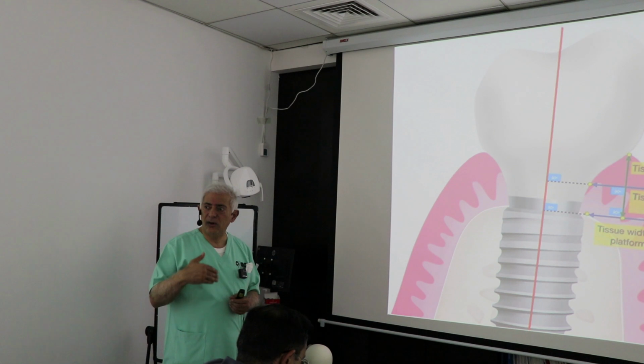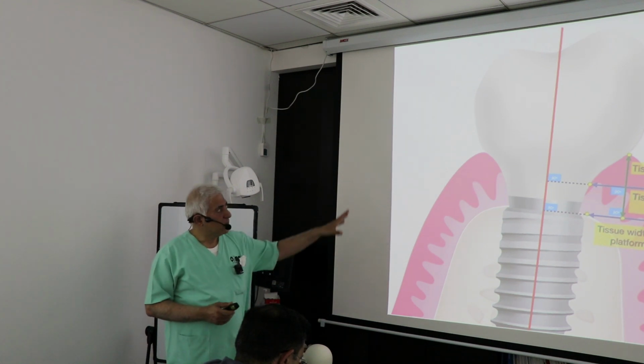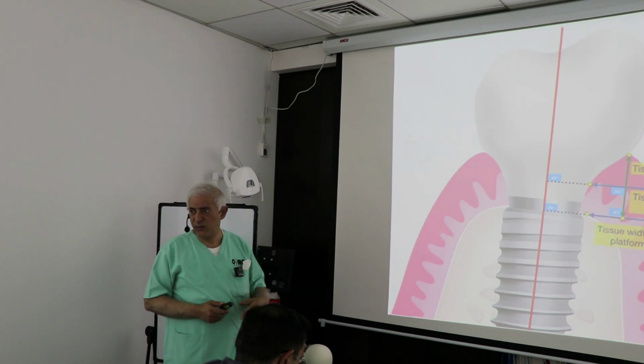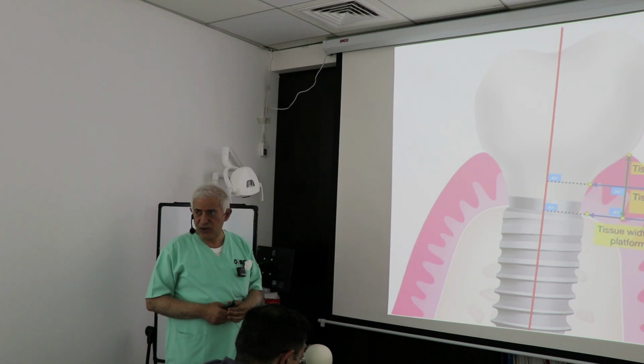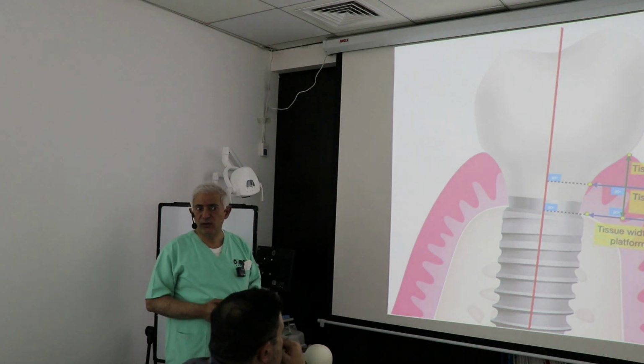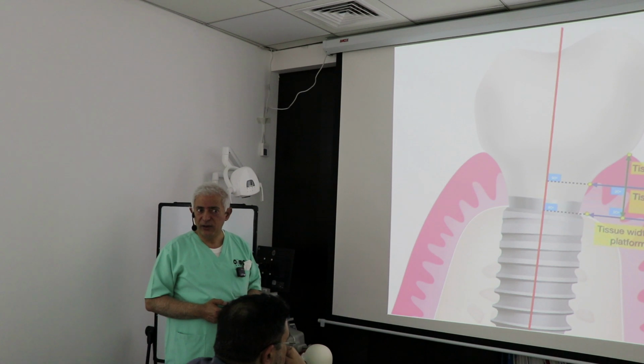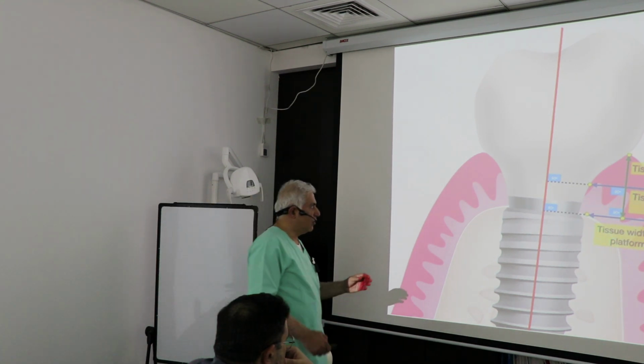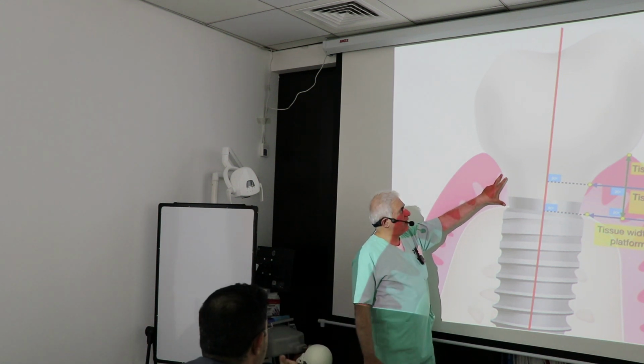So try to keep that in mind for this kind of restoration. When you are very much concerned about the bone loss, you try to go to the zirconia family, not the porcelain fused to metal family. It does make a difference in the calculus collection. So we are okay with 1.5.